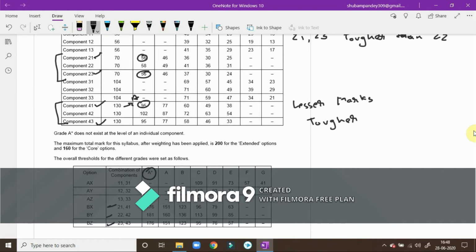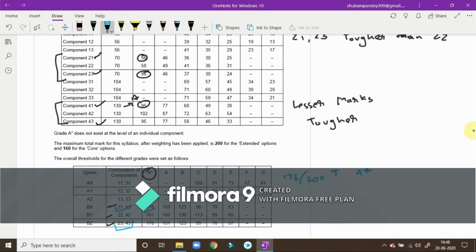If he is of the BX or BZ option, that is, if he is appearing for the 21 and 41 or 23 and 43 papers, then he needs 176 marks out of 200 or better to score an A star.